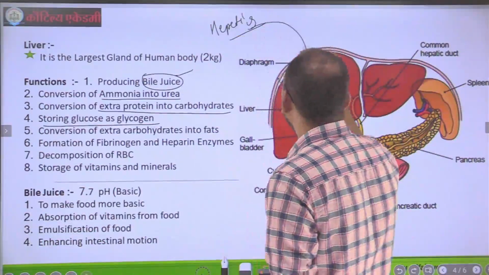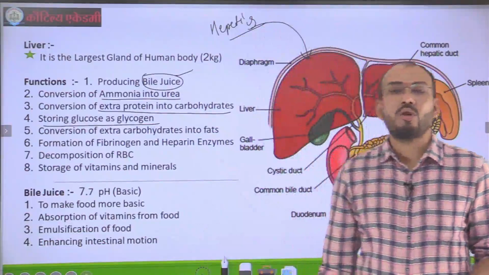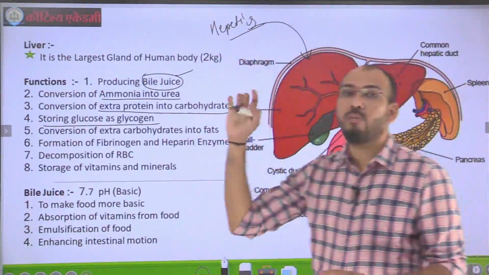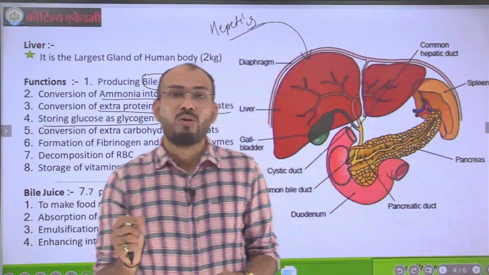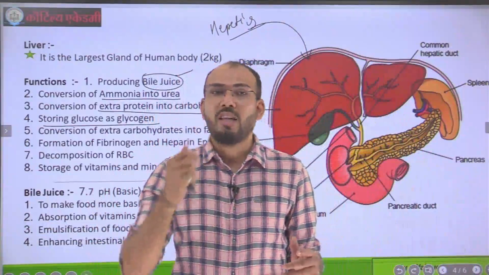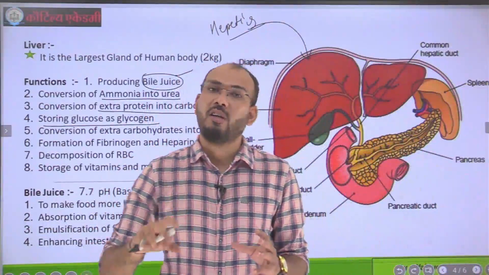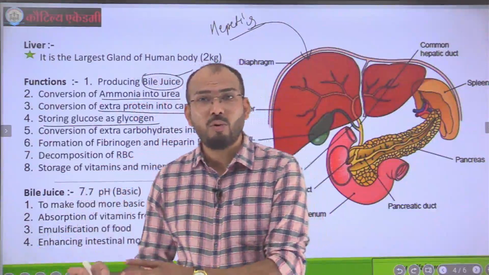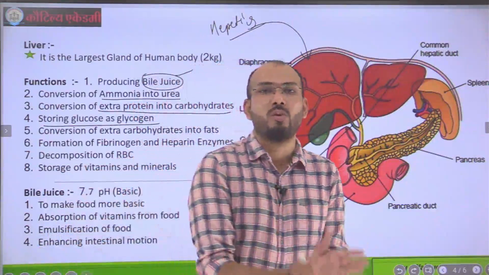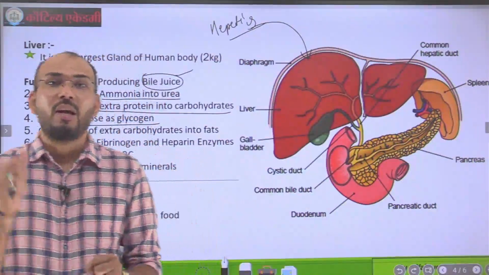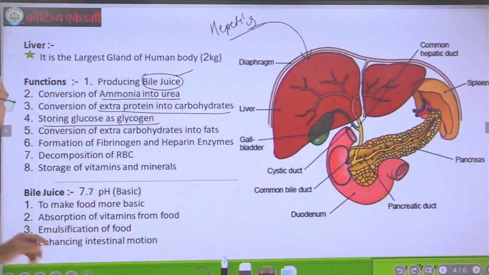The liver is composed of two types of cells, Kupffer cells and hepatic cells. Hepatic cells are responsible for storing glucose, not as glucose but as glycogen. When the body needs extra glucose, glycogen is converted into glucose, and if the blood has excessive glucose, that glucose is converted into glycogen. This stored form of carbohydrate is regulated by the liver only.